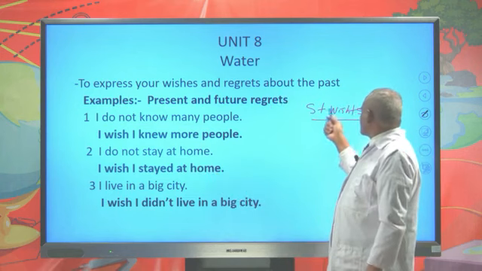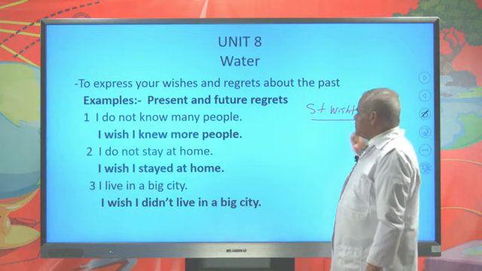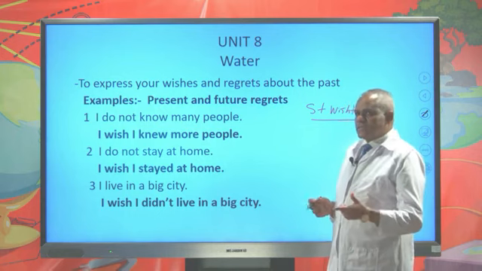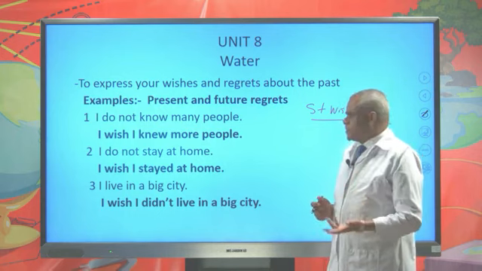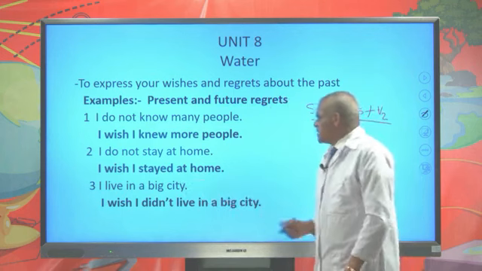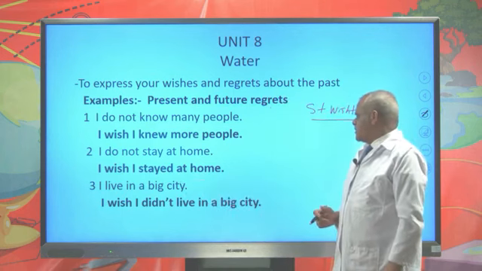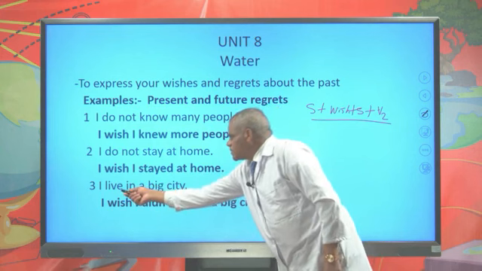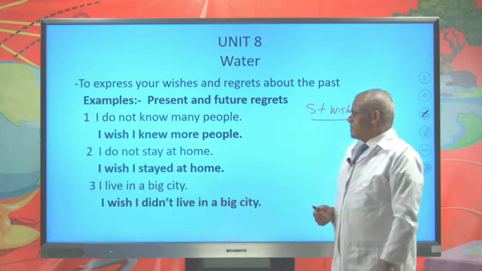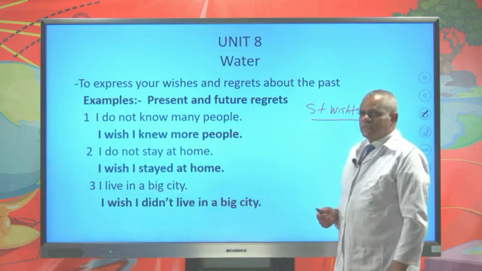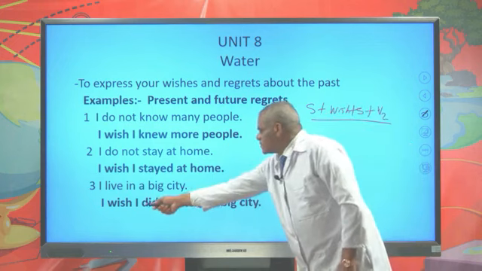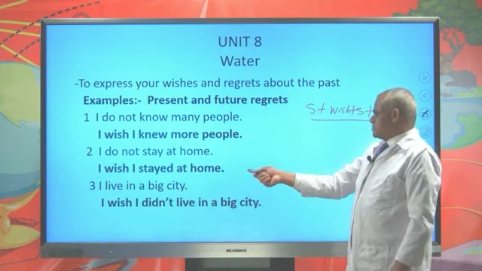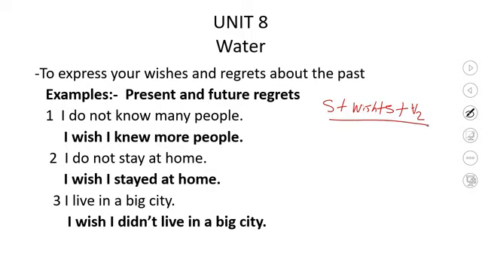The same form: subject plus wish plus subject plus V2 form, in the case of regretting in the present and the future. Same, I live in a big city. I wish I didn't live in a big city. The present verb in a present sentence, whereas in the case of regret, it is put like this.